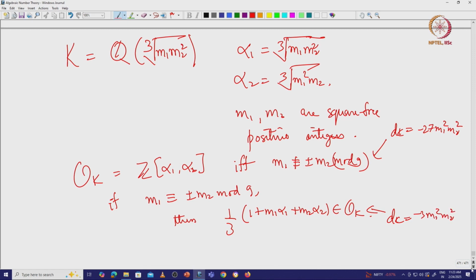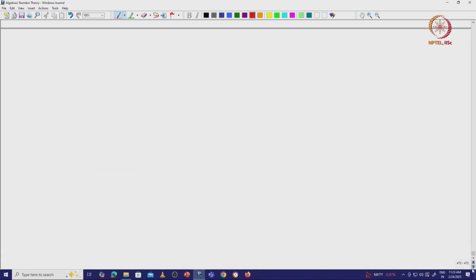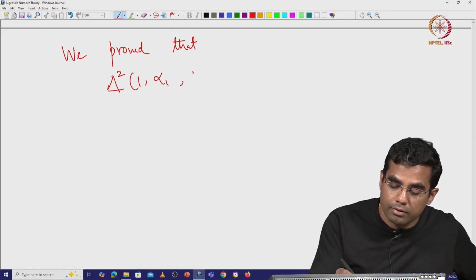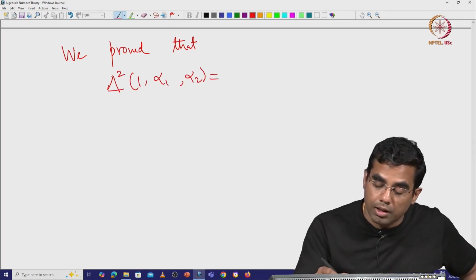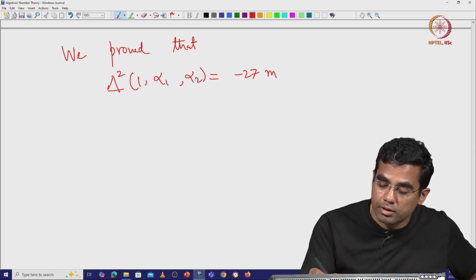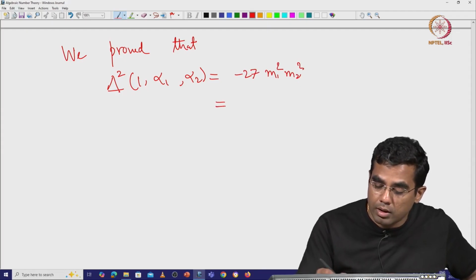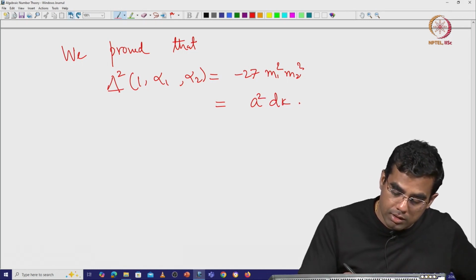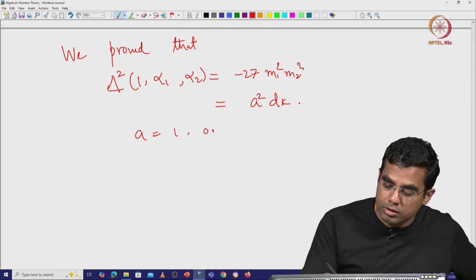So, we were in the middle of proving this. What we had proved last time is that delta squared of 1 alpha 1 alpha 2 is minus 27 m1 squared m2 squared. This is also equal to a squared times d_K, and a is 1 or 3.